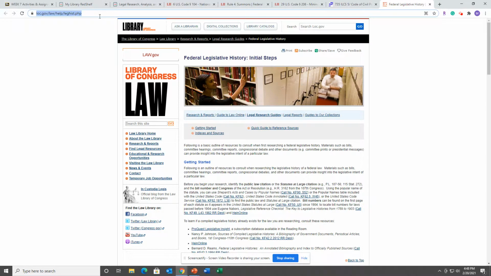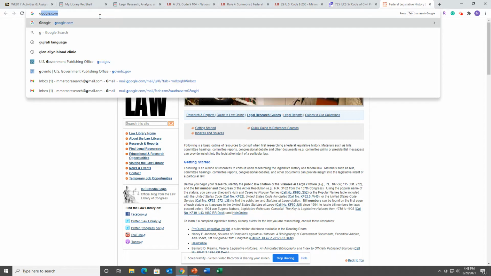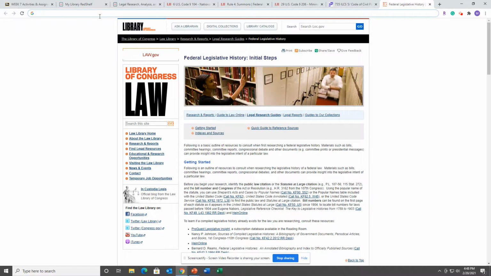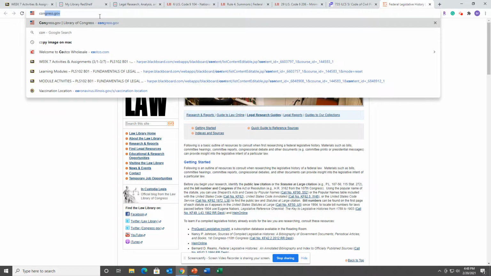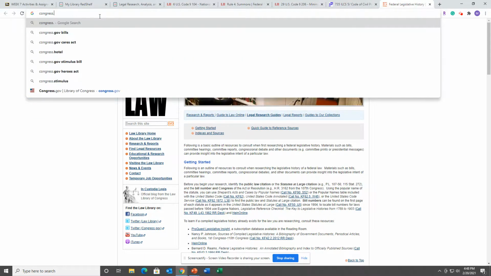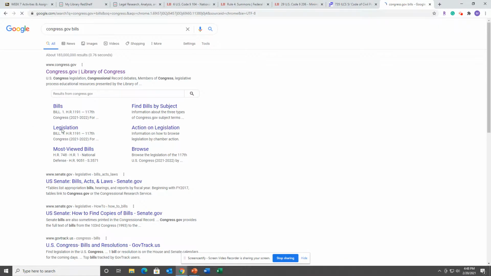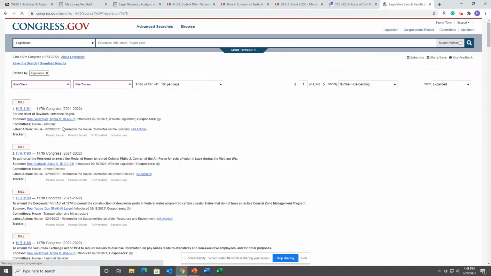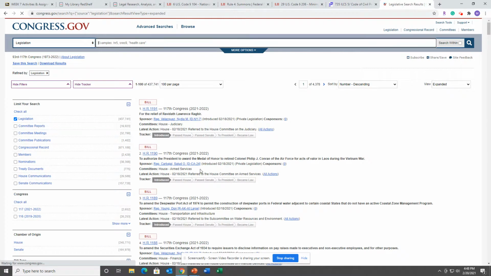Say I go to congress.gov and I pull up my statute. It's going to give me a little bit of information. It's going to give me the public law number, and then I can go back and search under that public law number, or here's the bill number, and then I can see what happened.